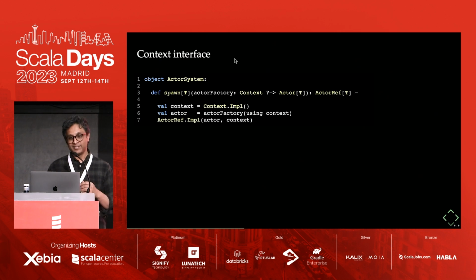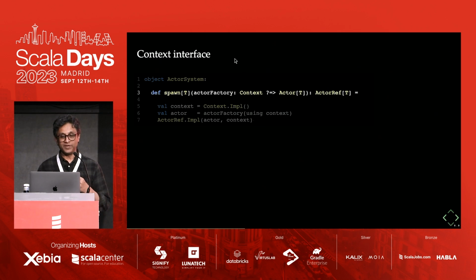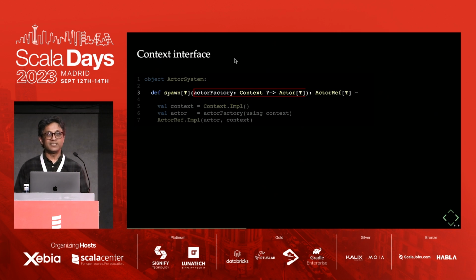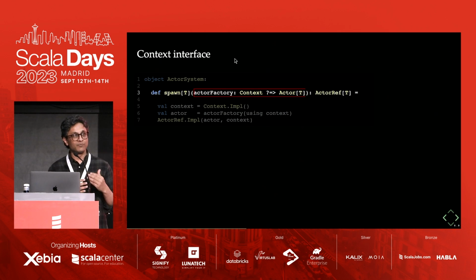The spawn method also needs some change. Now that we have a context injected automatically in all the actors, we need to change the spawn method to take the context function, which is a nice thing in Scala 3, and there the context will be provided implicitly, and that is again going to be easier on the end user when they use the spawn.